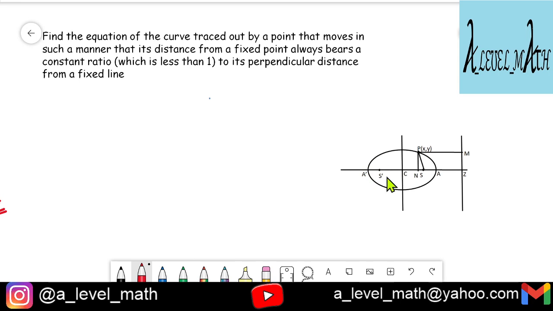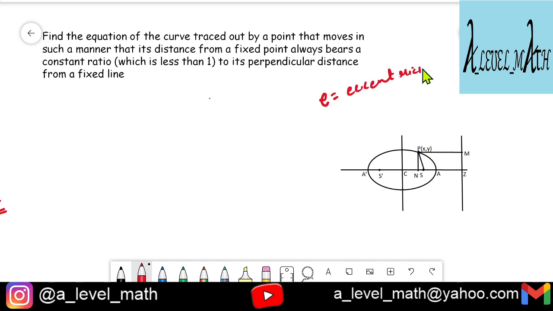So let's understand the other definition of the ellipse. This definition says that if you take a point and you move this point in such a way that its distance from another fixed point, which is known as its focus, and its distance from this particular line always maintain a constant ratio, which is known as eccentricity.